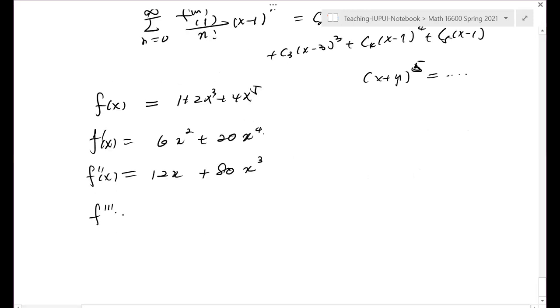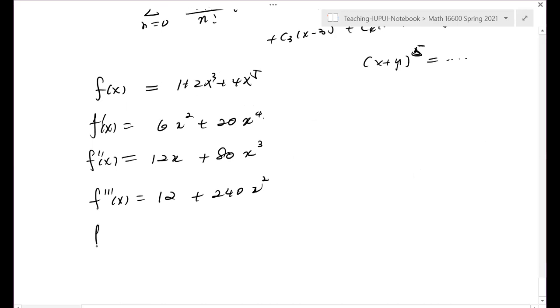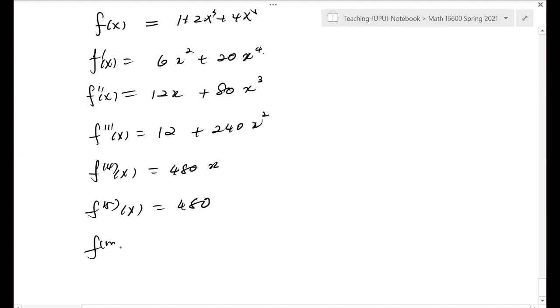Then the third derivative is 12 plus 240x squared. So it's easy to do the computation, 3 times 8, 240. The fourth derivative is going to be 240 times 2, which is 480x. The fifth derivative is going to be 480. And the higher order derivatives are all going to be 0 for n greater than or equal to 6.